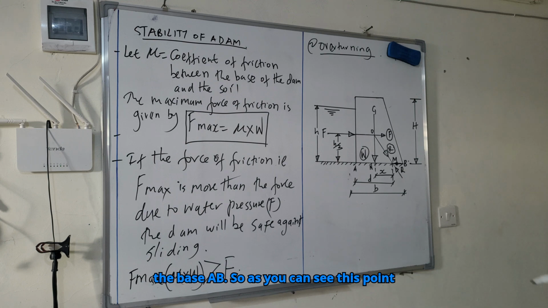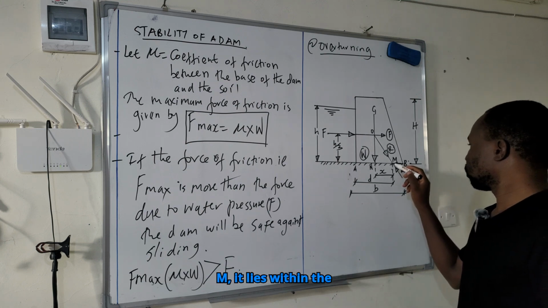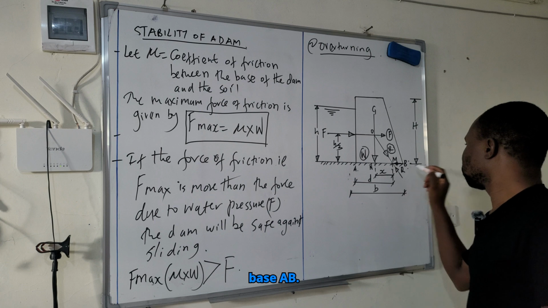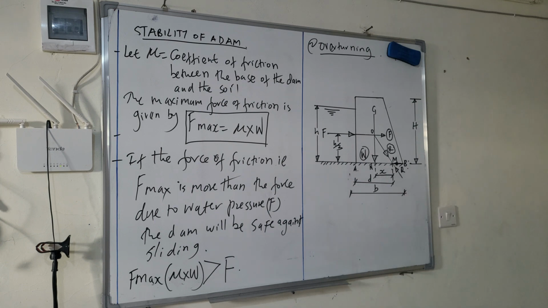So as you can see, this point M lies within the base AB, then there will be no overturning of the dam.